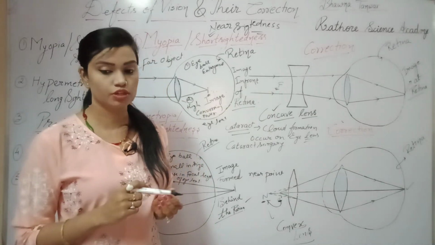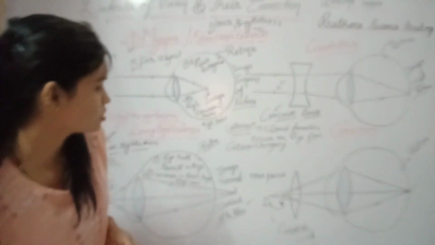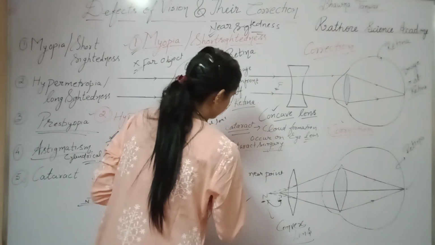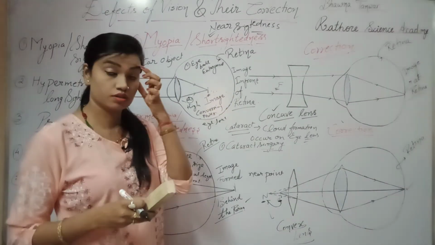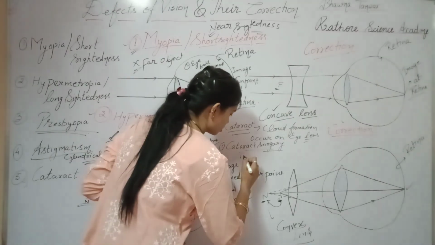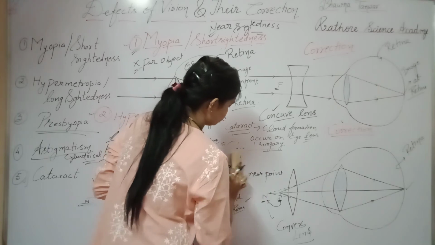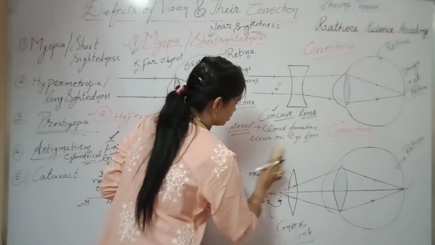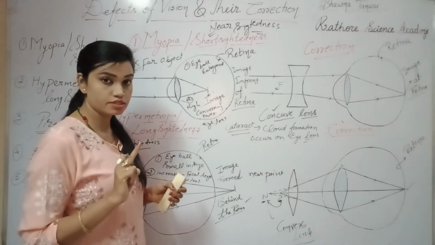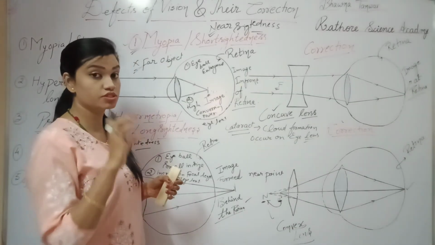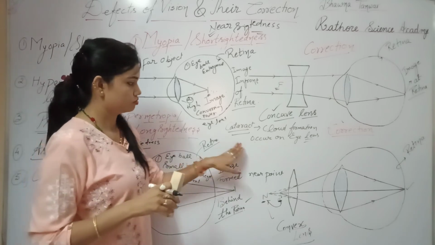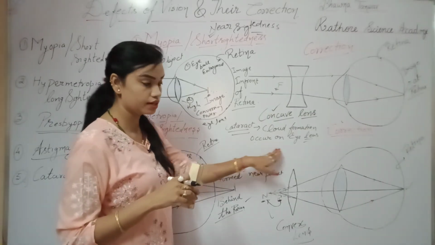And one more thing, nowadays they use intraocular lenses. I will write here, intraocular lenses. Cataract surgery is performed. In that surgery, the cloud that is formed on the eye lens is surgically removed.